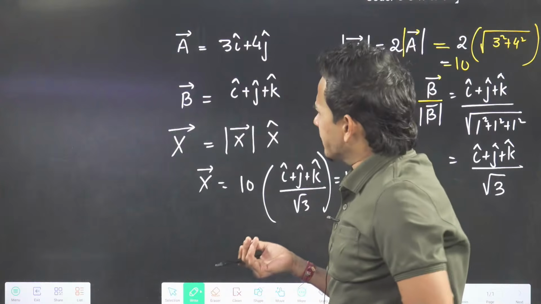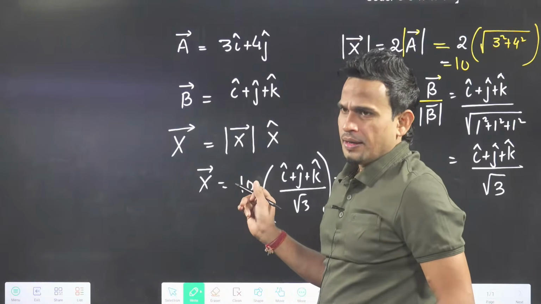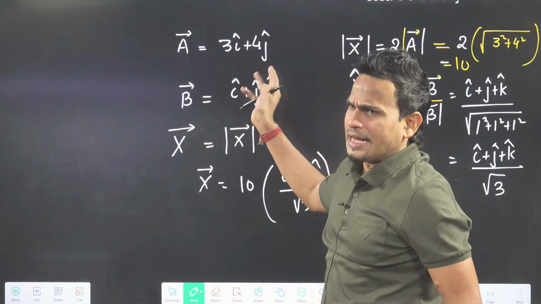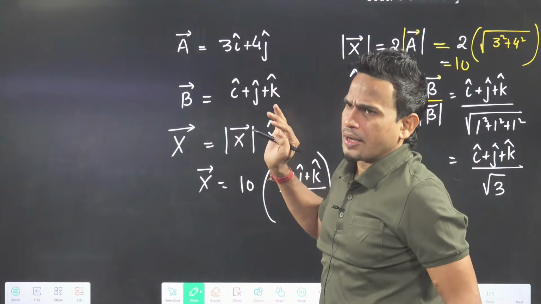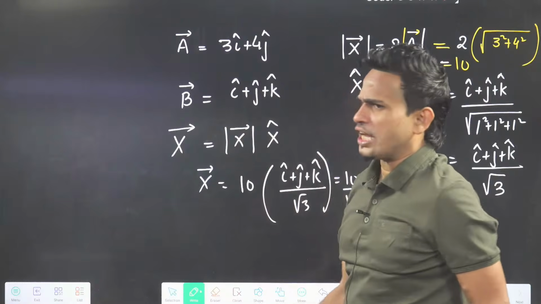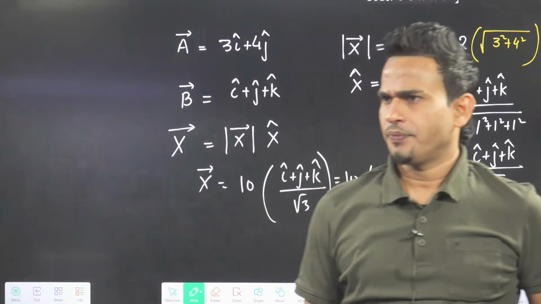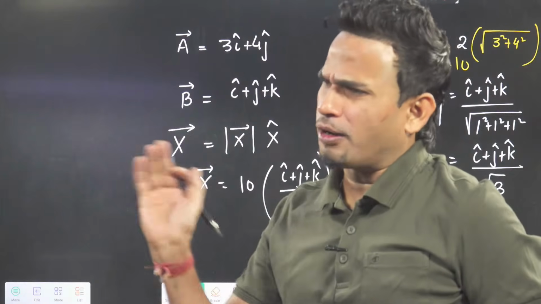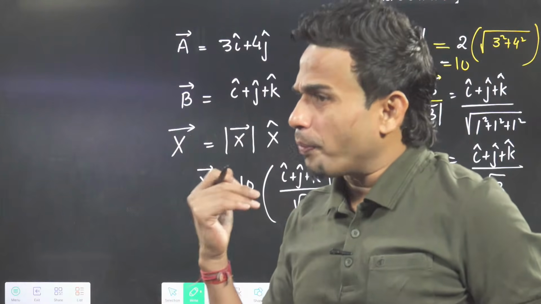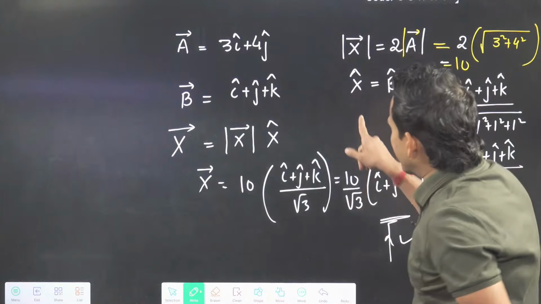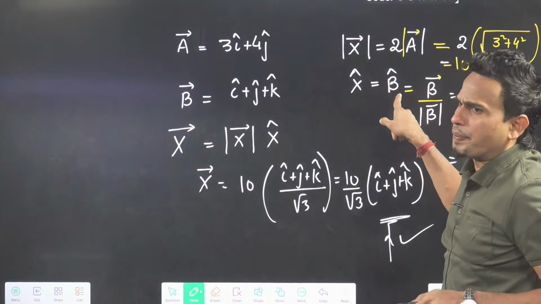Achha, if the same question would have been like this: find a vector whose magnitude is double of A bar and direction is opposite of B bar. Then where will be the change? If direction is opposite, then you'll write x cap will be minus of B cap.